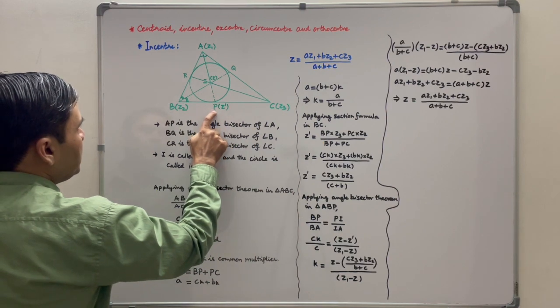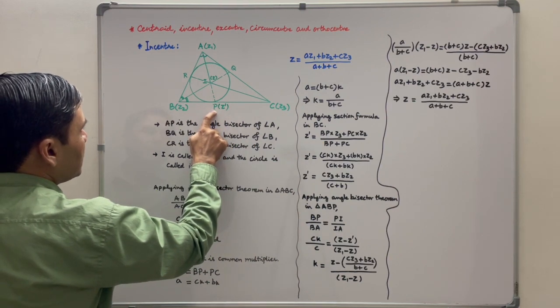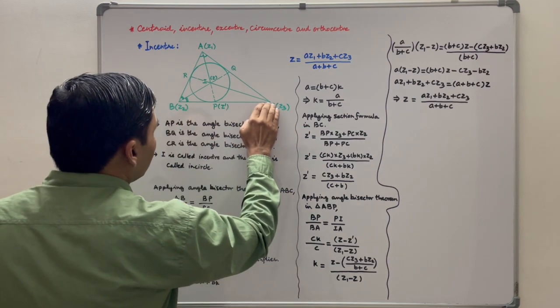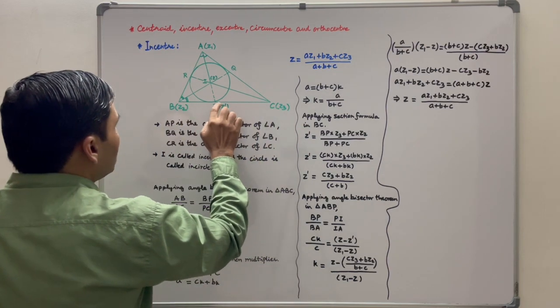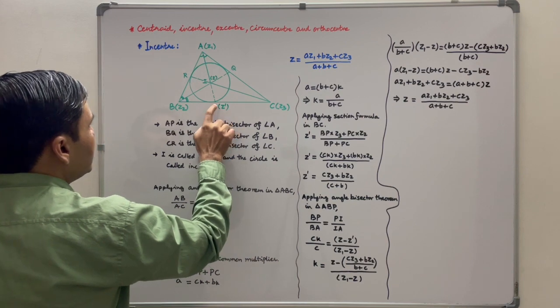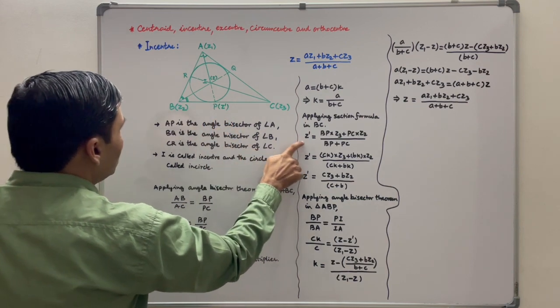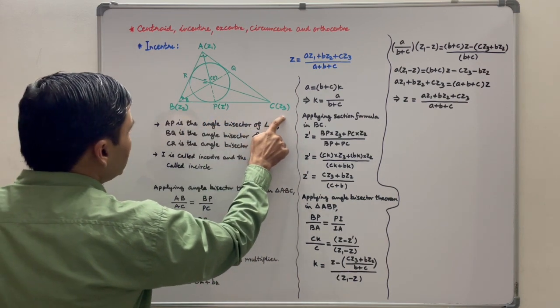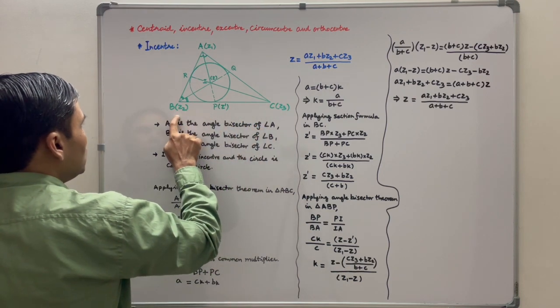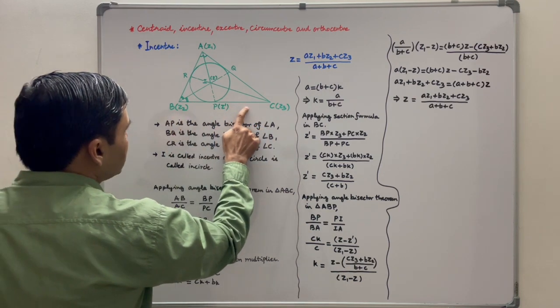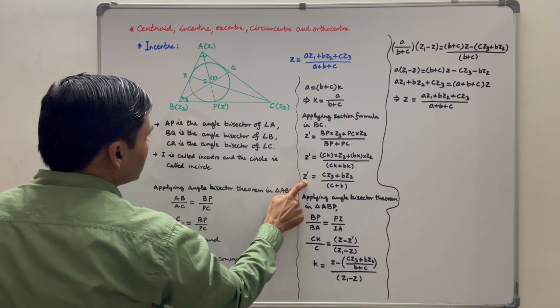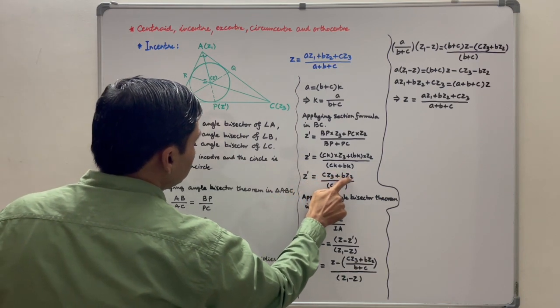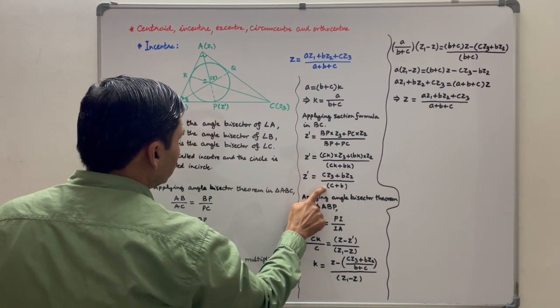Let us say point P is represented by complex number z dash. So we can apply the section formula in BC to figure out z dash and say that z dash is equal to (BP into z3 plus PC into z2) upon (BP plus PC), or z dash is equal to (c z3 plus b z2) upon (b plus c).